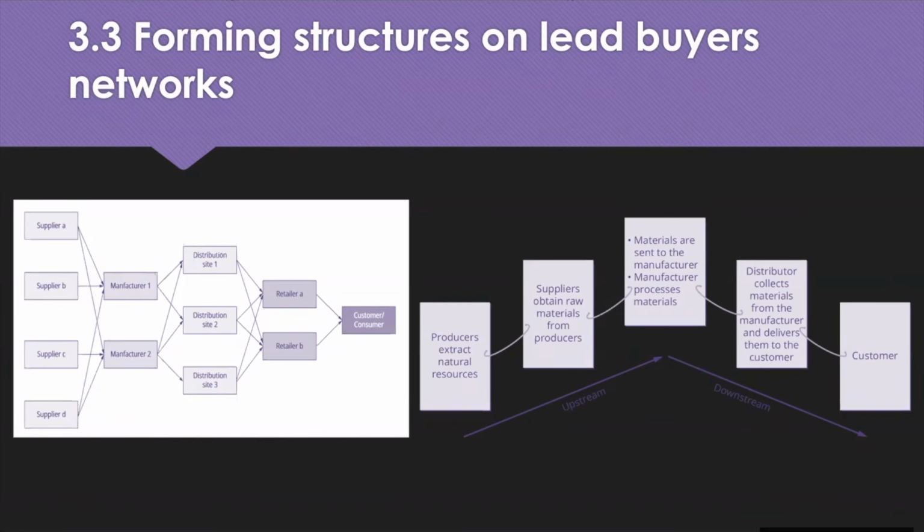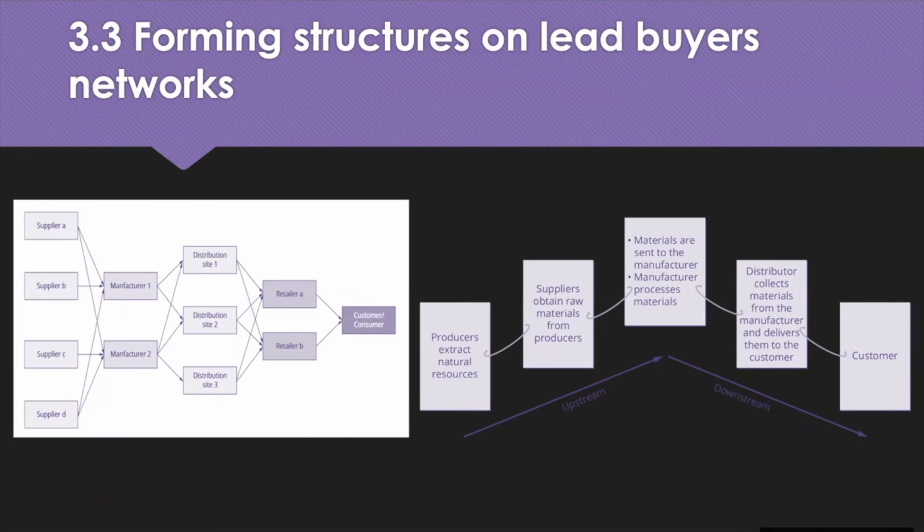So you could face problems in the upstream of your supply chain, which is essentially the early stage of finding raw materials and extracting raw materials from the ground. So that's the one end, the upstream, and then you've got the downstream side that's pushing things in the direction of your customer.